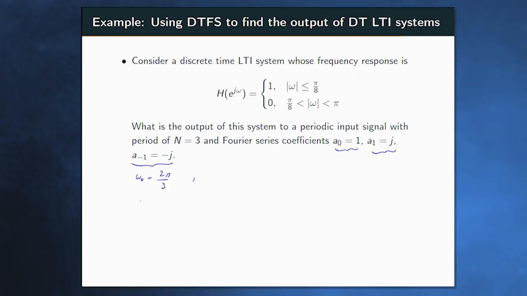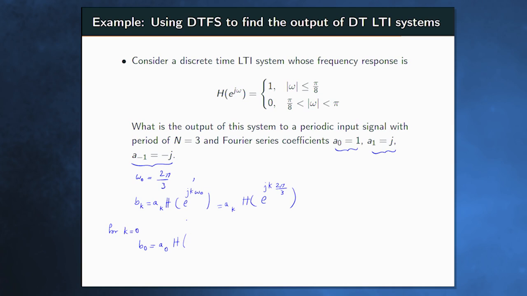Using the equation that relates b_k to a_k, b_k is equal to a_k multiplied by H of e to the j k omega naught, which is equal to a_k multiplied by H of e to the j k 2 pi over 3. So for k equals 0, I have b sub 0 equals a sub 0 multiplied by H of e to the j k omega naught.